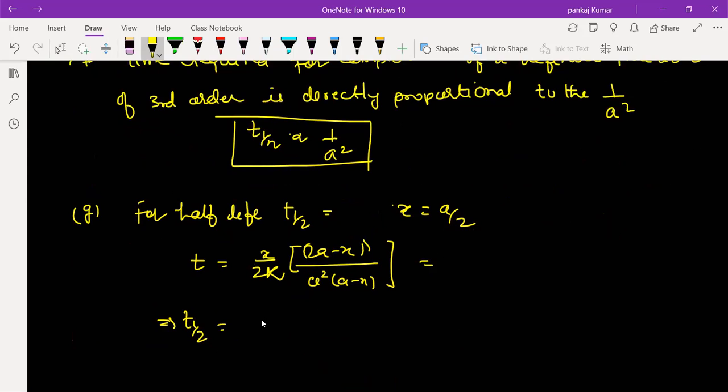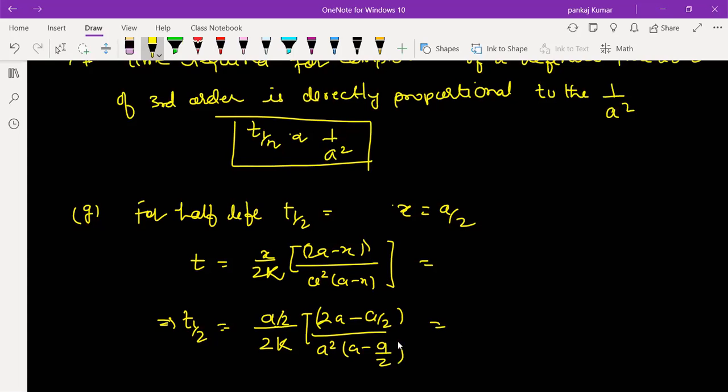So it will be a by 2 into 2k. This will be 2a minus a by 2, and the denominator a square into a minus a by 2 whole square.